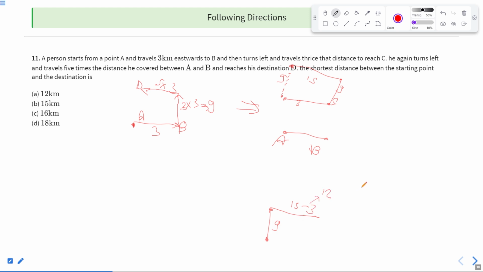This is 12. So 9, 12. You've gone east 3, west 15. This gives a total of 12 west, east side.